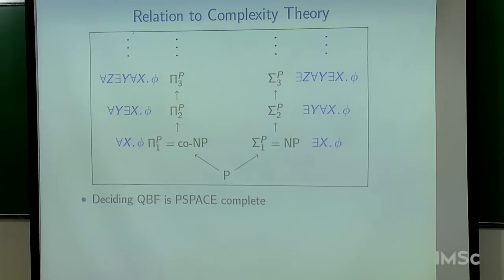A good example is NP: we could take a SAT problem and write it as a QBF. We just take the formula itself and existentially quantify everything, and we've got a SAT problem. The same works for the next level, and as we go up, we can do the same. So QBF is very nice.